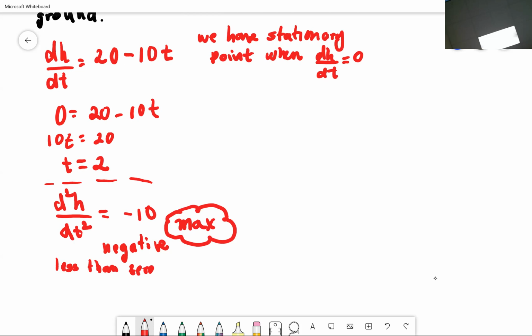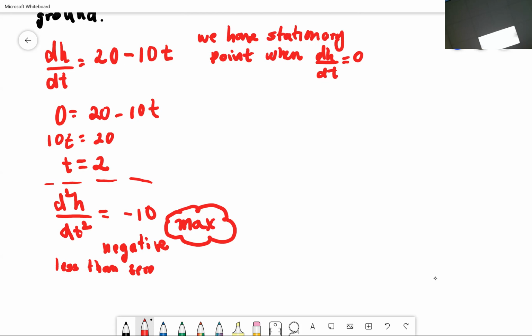If it was a positive, it would be a minimum. If the second derivative were 0, we would say that is an inflection point. It's like a slurve.